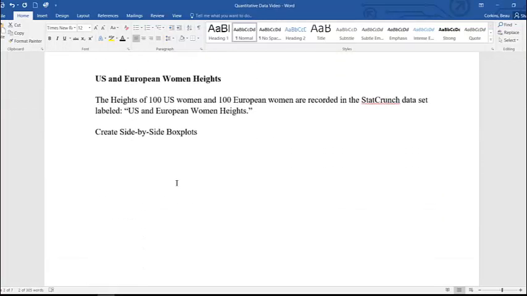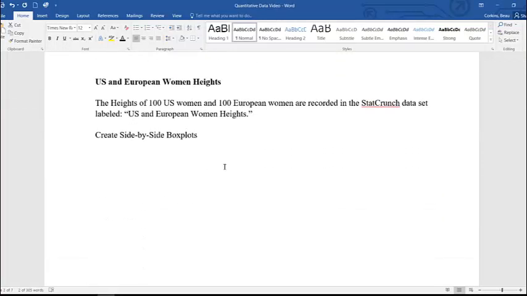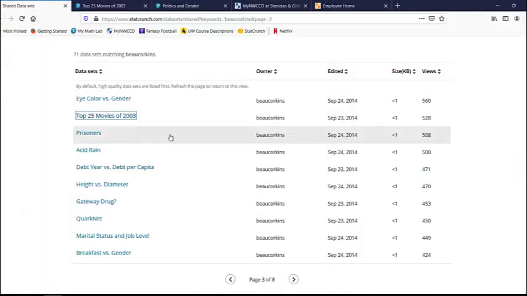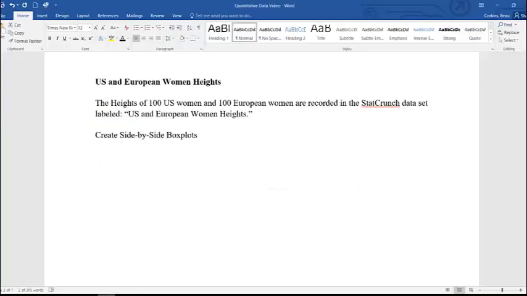So creating box plots is very, very helpful. What is also very helpful is creating what is known as side-by-side box plots. Side-by-side box plots are very, very helpful.